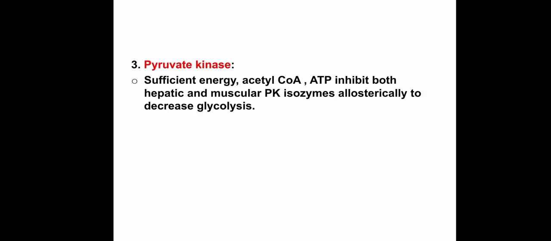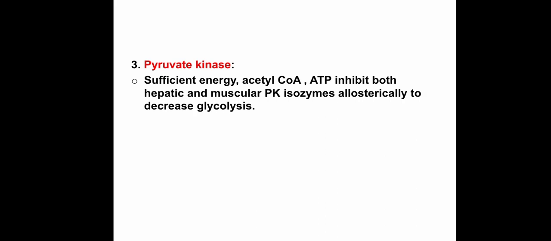But the second view is that when there is a rise in the cellular fructose 1,6 bisphosphate, it causes the reverse: it allosterically activates the pyruvate kinase.